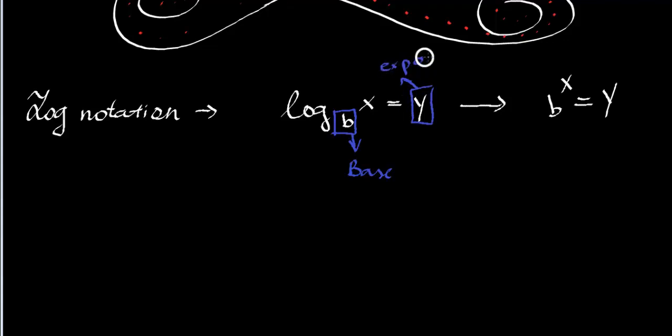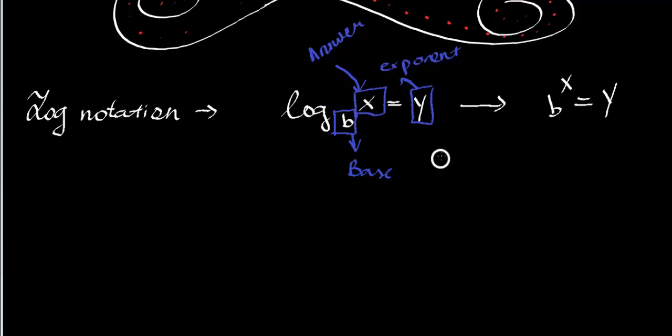Don't worry, it will make sense when I conclude with a statement. And the x right here is your answer. Okay, so this is new, I know, but just remember this. This is something that is crucial to know about logs.